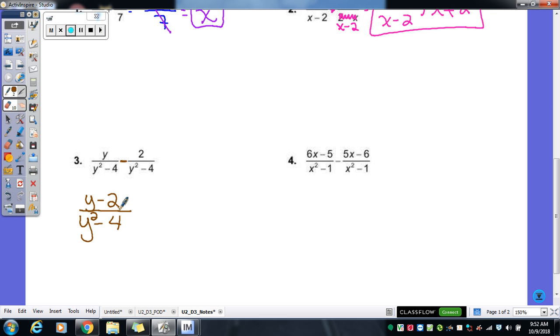So then for our third step, reducing, can I factor my denominator to reduce it? Yeah, that's a difference of squares factoring. So that's going to be y minus 2 on the top. Y minus 2 times y plus 2 is how we would factor our denominator there.